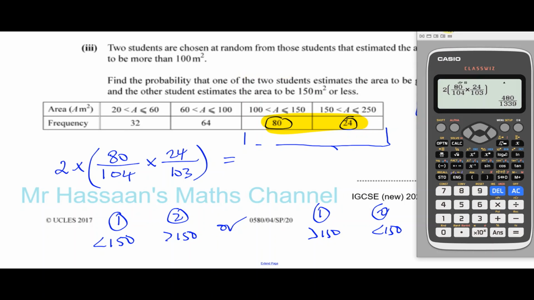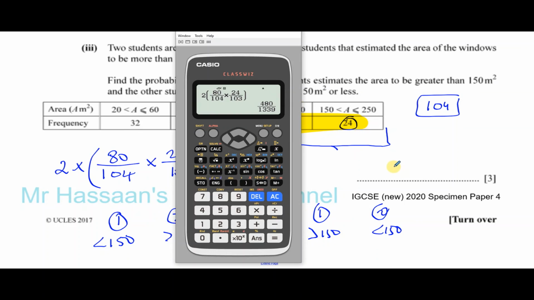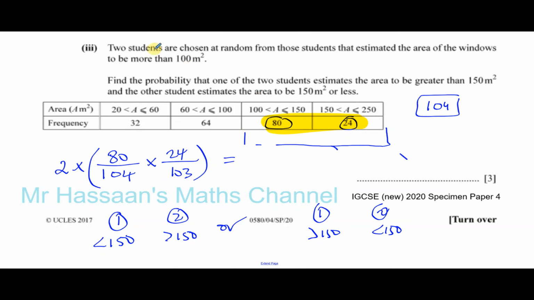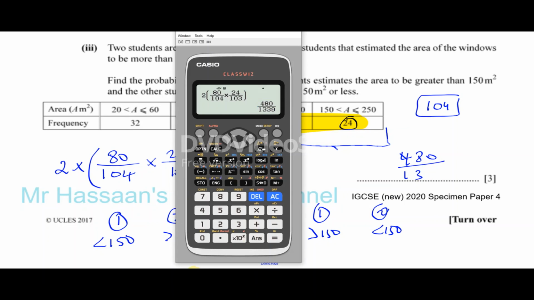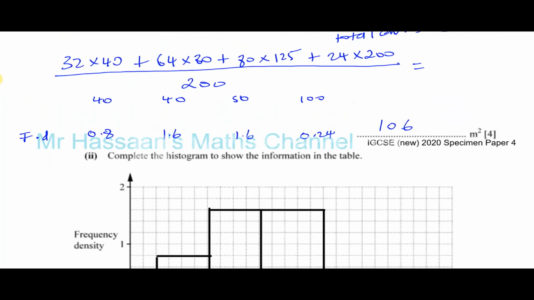Does it tell us how to express the answer? No, so we can express it as this fraction, 480 over 1,339. Okay, there's the answer to question B, part 3.